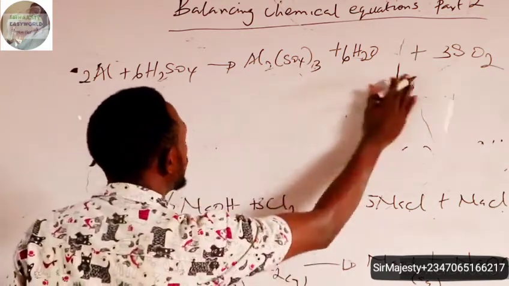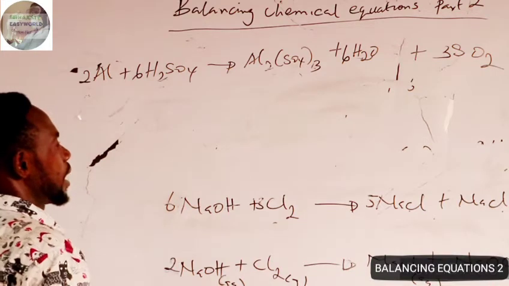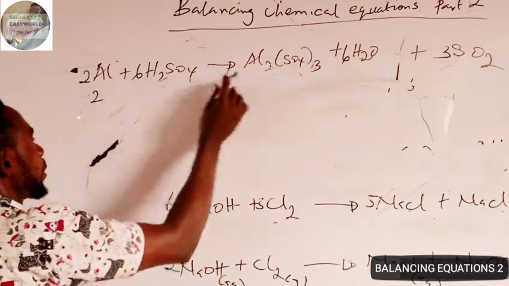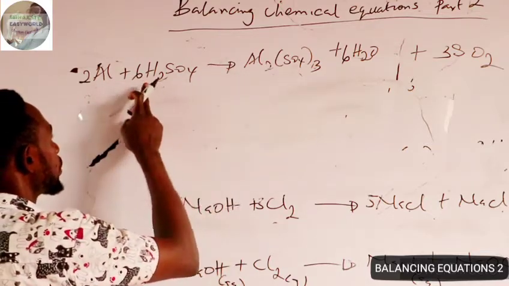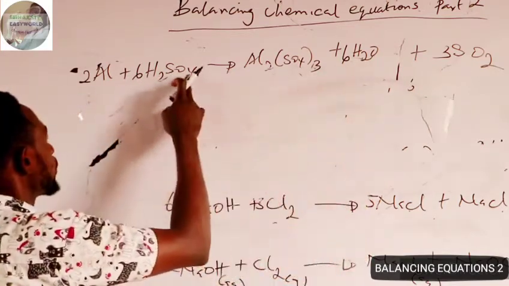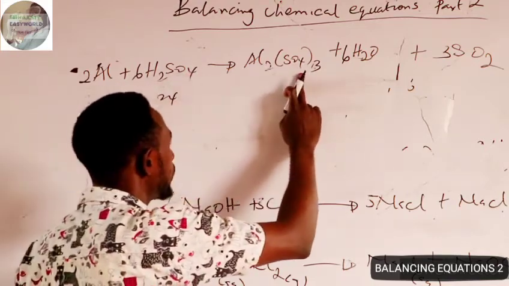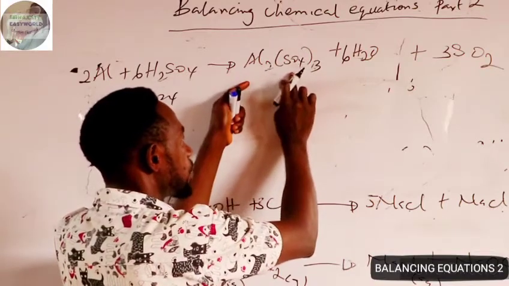Okay? Then, if hydrogen and oxygen balance, other ones are simple, and as we're looking at them, they are all balanced. Aluminium here is also 2 atoms. Hydrogen is 12, 2 times 6. Oxygen is 24, 4 times 6. Then, here, remember this bracket, this 3 governs only the thing in this bracket.